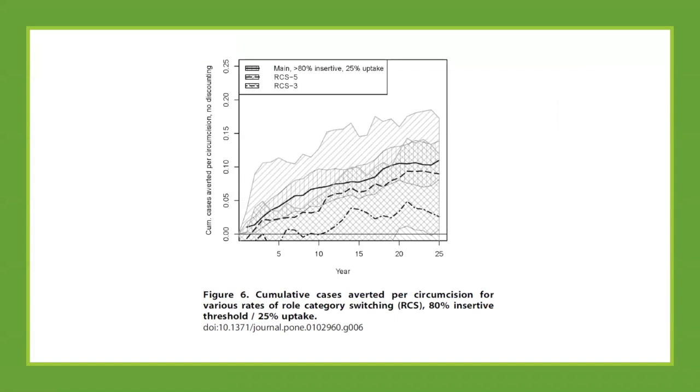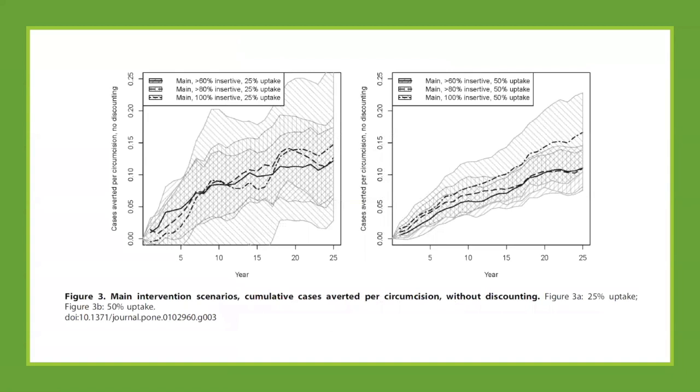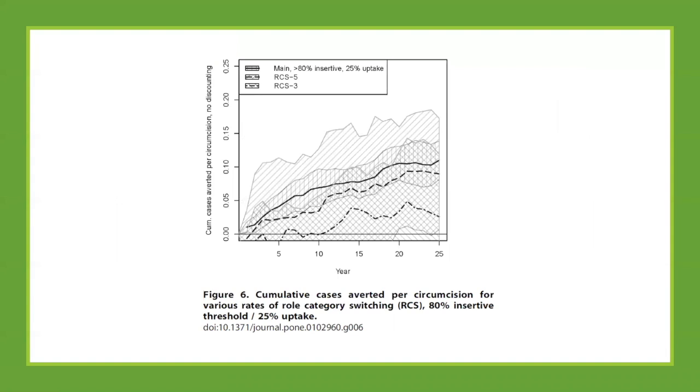And then the other wrinkle that we looked at is so far, this is all assuming that men have a role. They are receptive, insertive, or some of each, and they stay that way. If we allow them to switch, which seems like a reasonable thing, the effect basically goes away.